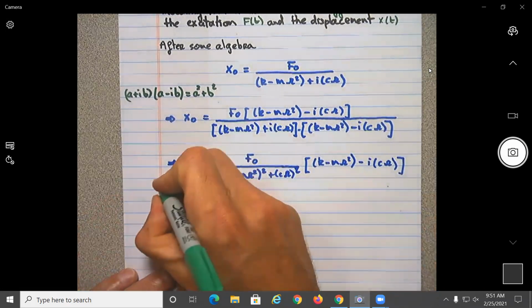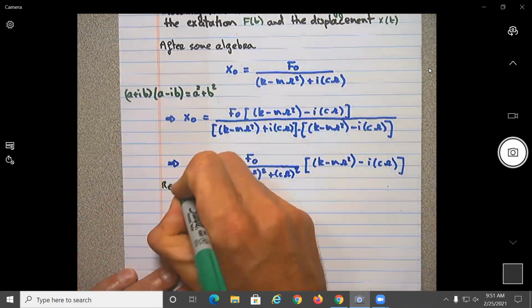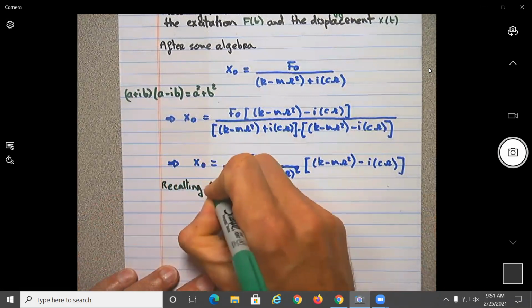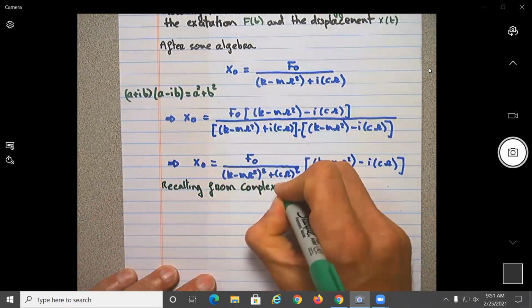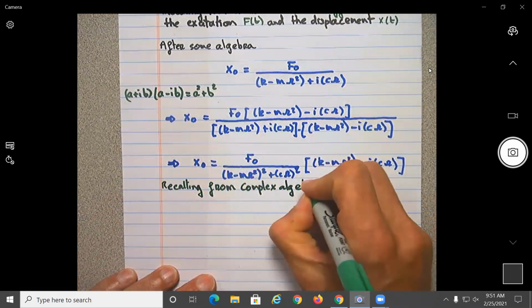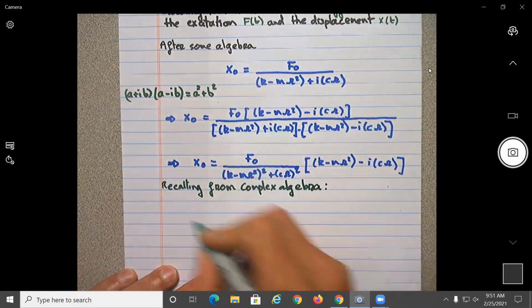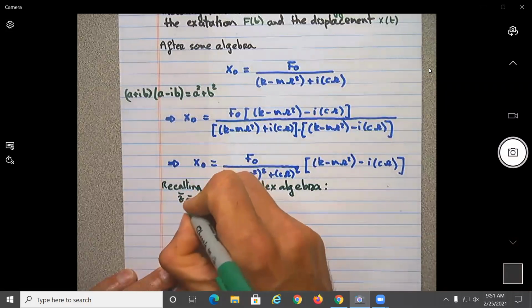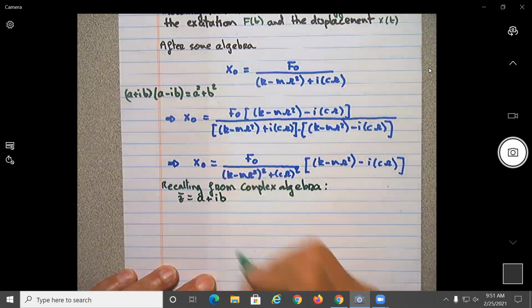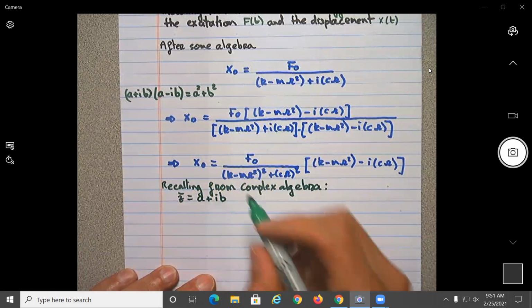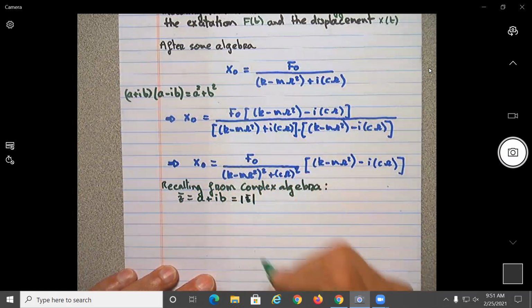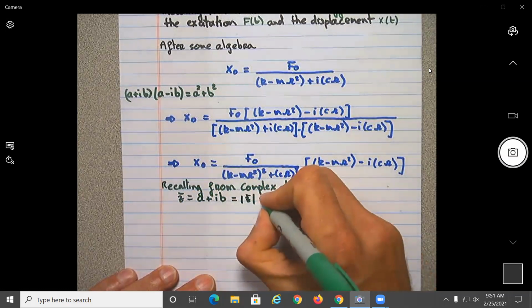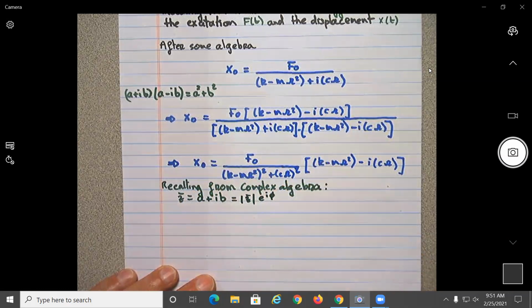All right, next, recalling from complex algebra, you know that a complex number, you can write it as z equal a plus ib, but we can rewrite this complex number by the amplitude times the exponential of i, let's say phi.